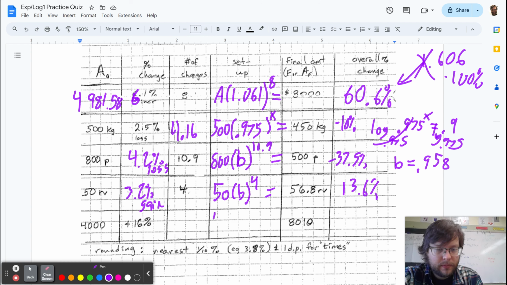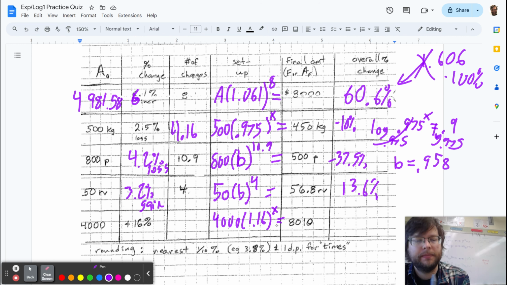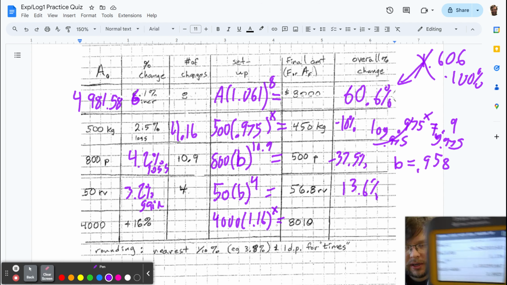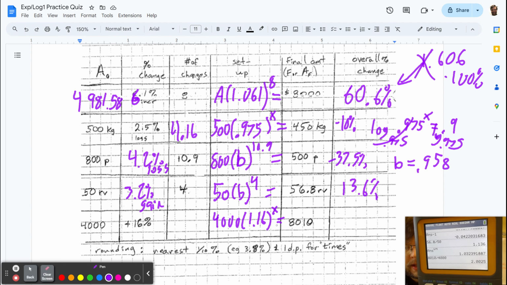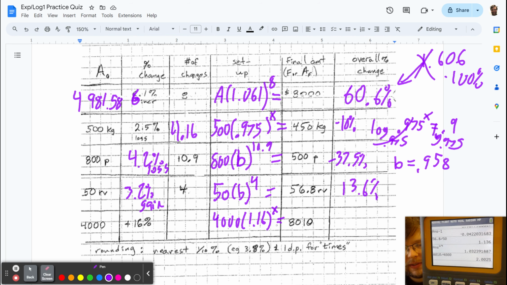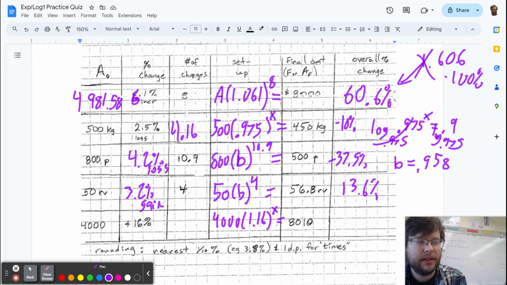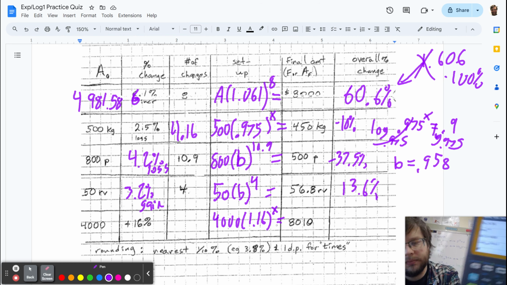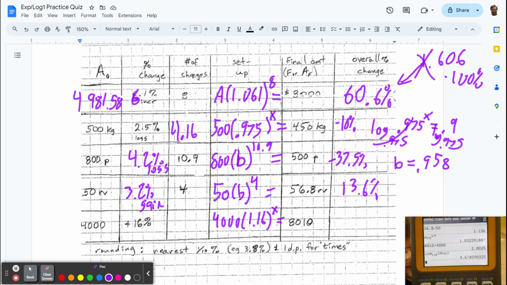Last one, 4,000, 16% unknown number of times equals 8010. So I go 8010 divided by 4,000. I get that number. Then I'm going to do the log with a base of 1.16. Math, alpha math. 1.16 is my base of the answer I just got, 4.68.